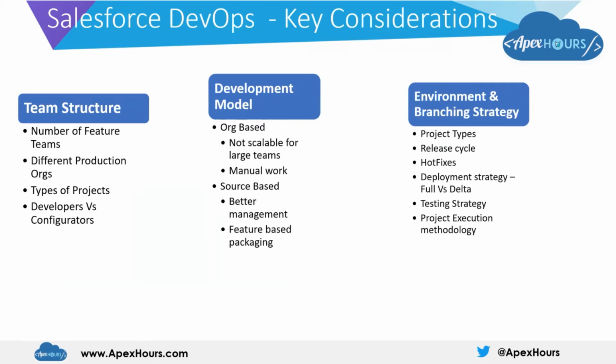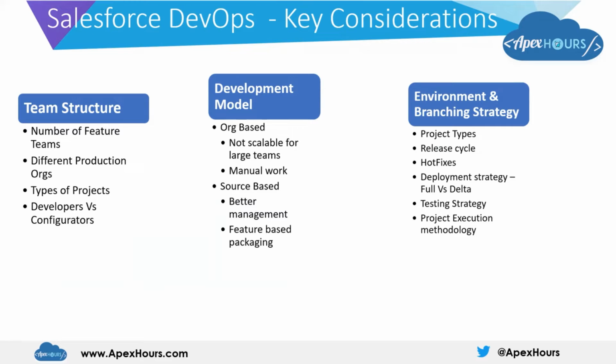But before deciding how to implement your DevOps solution, there are many factors that you need to consider. I have mentioned some of those here, but there might be many more. One part is the team. You might have multiple projects going on in parallel, and there might be multiple feature teams working on different features.